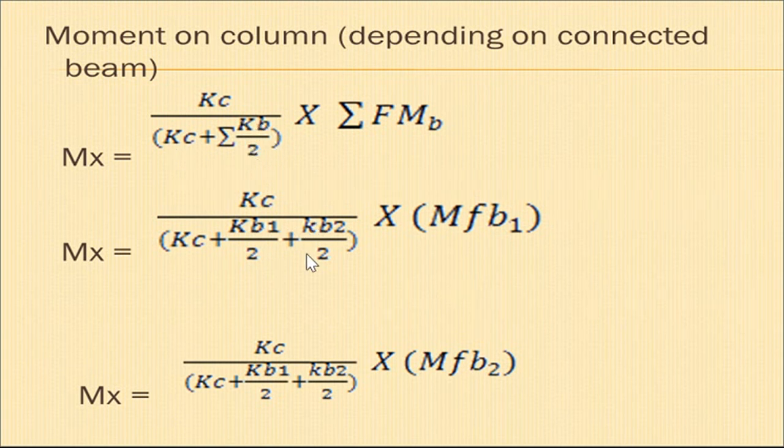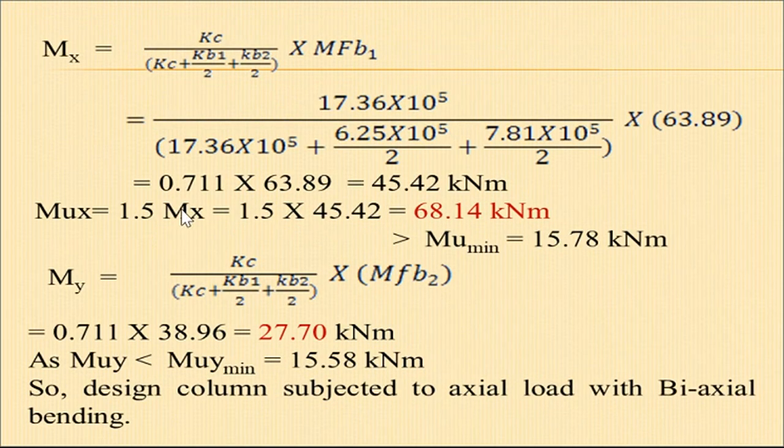So Kb1 by 2 plus Kb2 by 2 plus Kc, we get the summation of K, and Mf B1 is related with the x and Mf B2 is related with the y. So we get Mux equal to 68.15, that is the design moment, and similarly Muy is equal to 27.70.